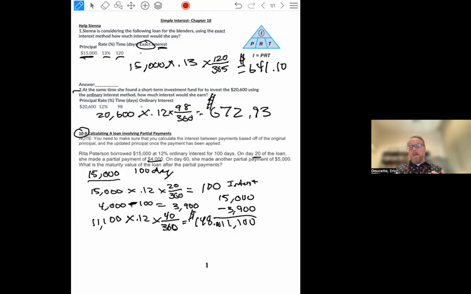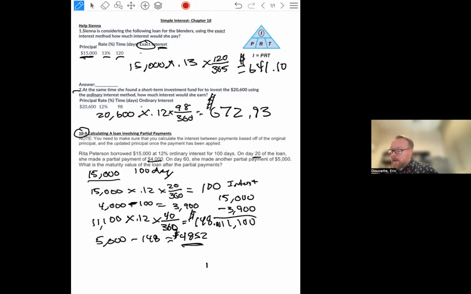So the additional $148 was added because on day 60, she makes a $5,000 payment. And I have to minus that interest that was charged off of the payment. So that comes out to $4,852. That's the amount applied to principal.